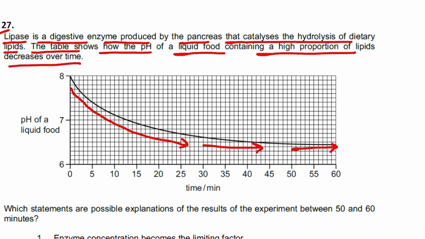So the pH stops decreasing. This means that fatty acids are no longer produced and the reaction has stopped, because the pH was falling because of the production of fatty acids, as fatty acids are acidic. So from 50 to 60 minutes the fatty acids are not being formed and the reaction has stopped completely.